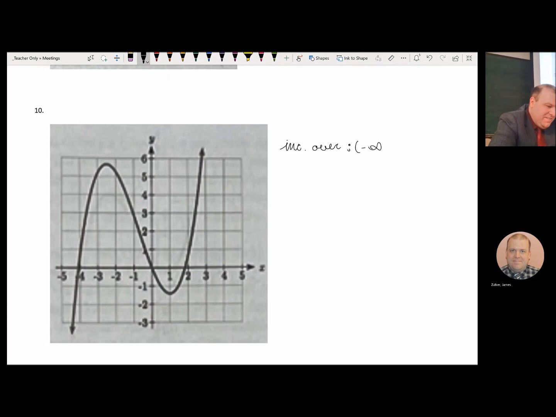What? Negative 5/2. Is that it? One open.